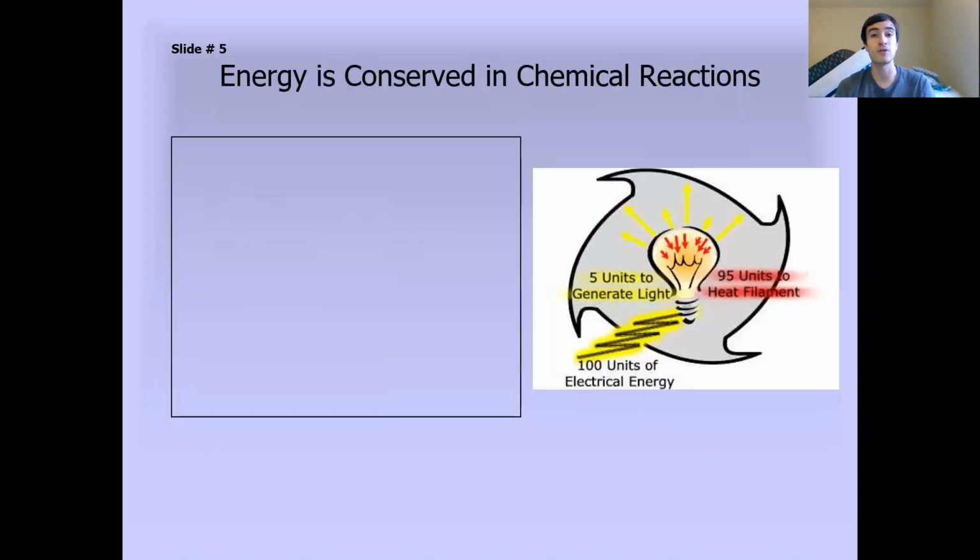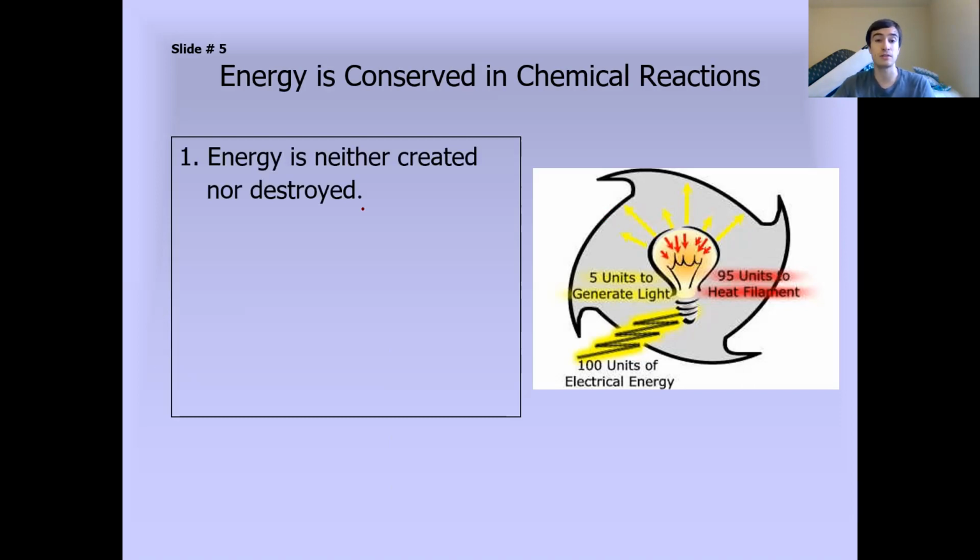The other important thing to know is that not just atoms are conserved in chemical reactions, but also energy is conserved as well. So any energy that goes into a reaction has to get stored or released as the products of the reaction. So we cannot create or destroy energy. The energy going in has to equal the energy coming out.